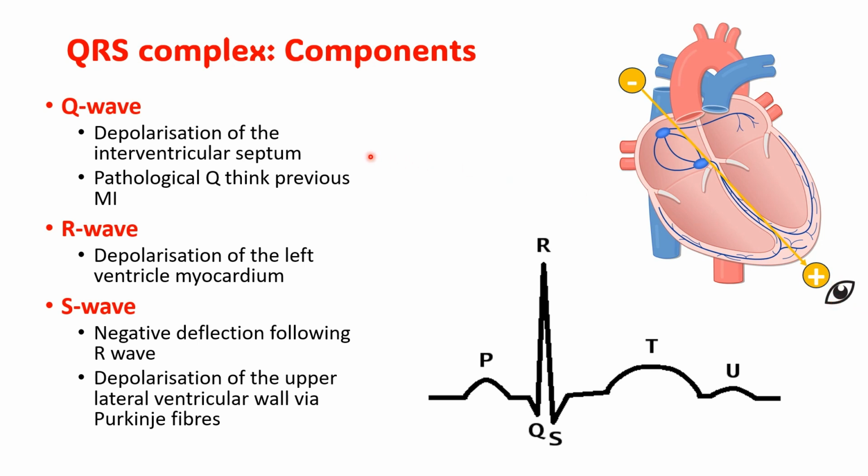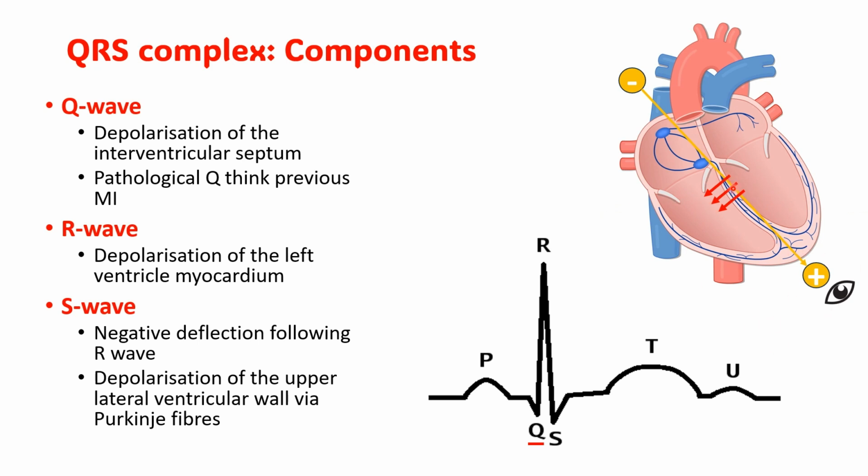So first of all, we have our Q wave, okay, which is a negative deflection, and this represents depolarization of the interventricular septum. Okay, so this region here, in close proximity to our bundle of His, and we can see we have some arrows here because the depolarization happens left to right, and we have the depolarization happening away from the positive electrode.